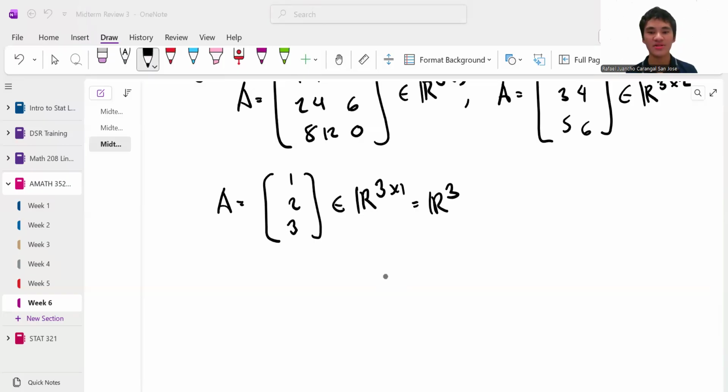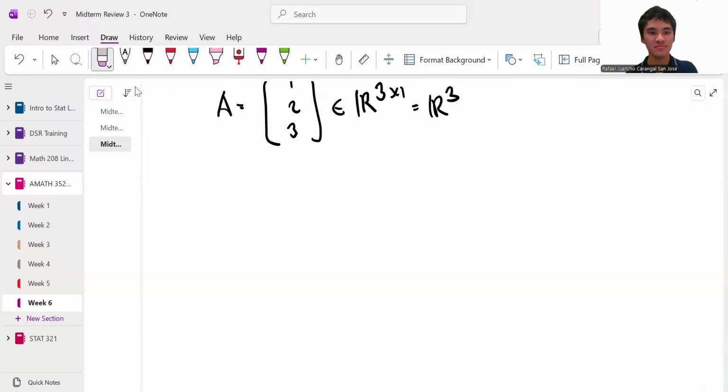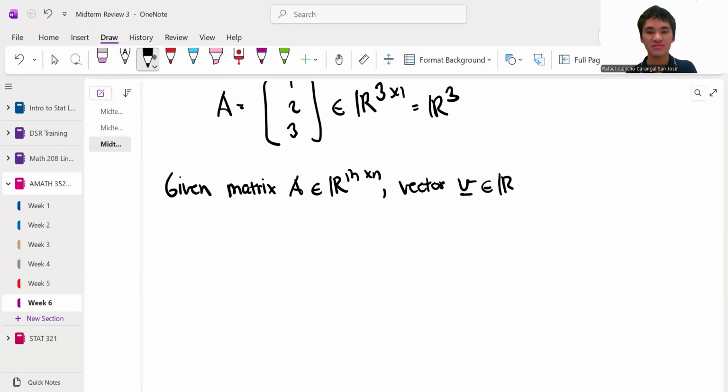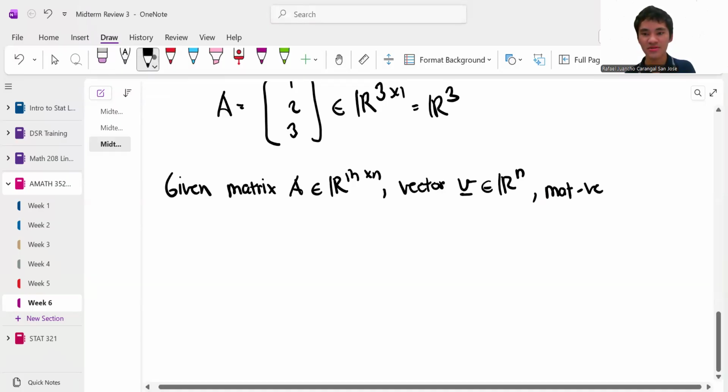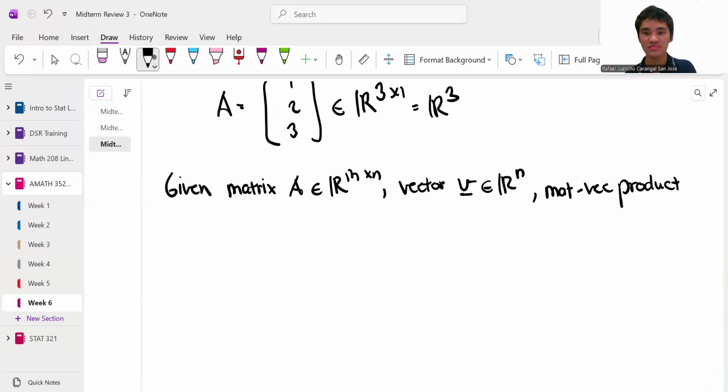Now let's actually look at a matrix vector product. Given a matrix A, and I'm going to generalize it because I'm assuming most of you know what this is, and some vector v in R^n. The mat-vec, matrix vector product, is defined as follows.